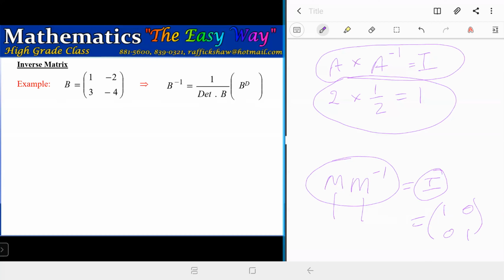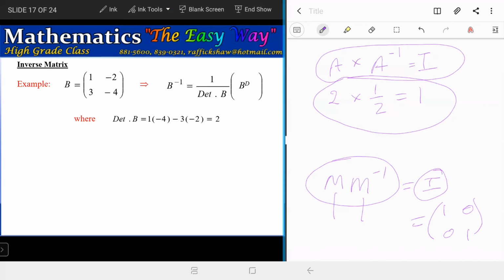All right, so we're going to use the values now. So first, I'm going to calculate the determinant. How do we get the determinant again? The leading diagonal product, which is the product of these two, minus the product of these two, which is the 3 times the -2.